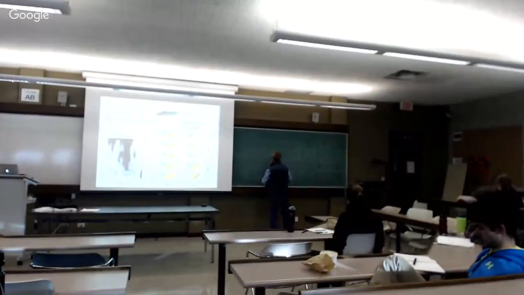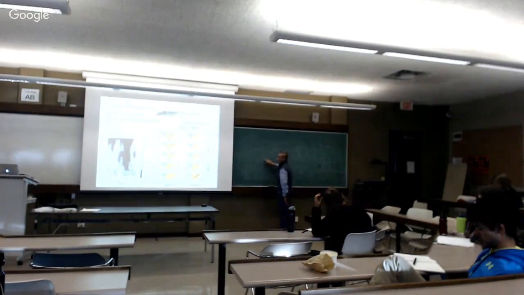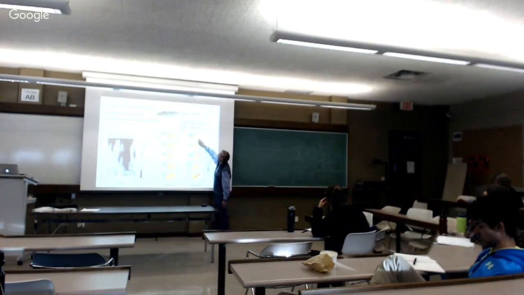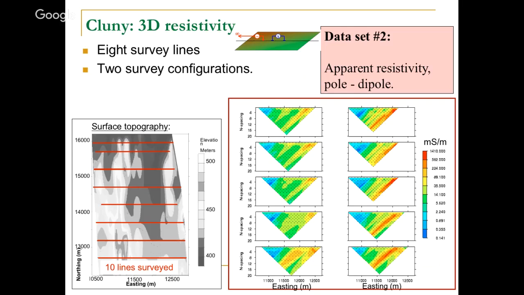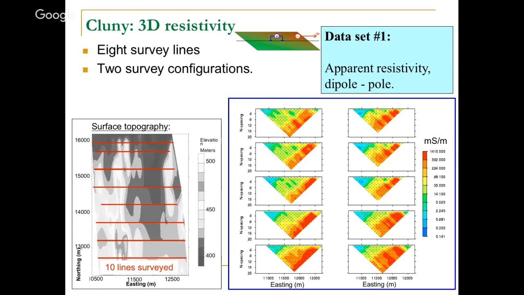But if I go the other way around, if I put the current on this side of the body, now I'm sort of igniting this body in a very different manner. So all my charges are going to be different, so I'm going to expect my potentials to be different. And that's what we see here. When we look at this pole-dipole, there is still some manifestation of higher conductivity, but it's really very different than this.